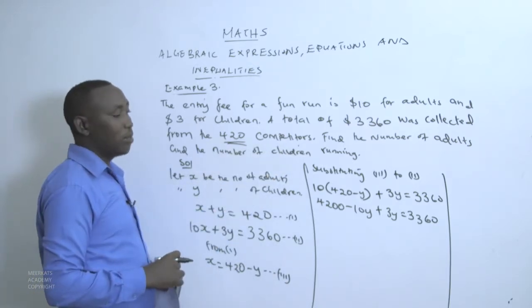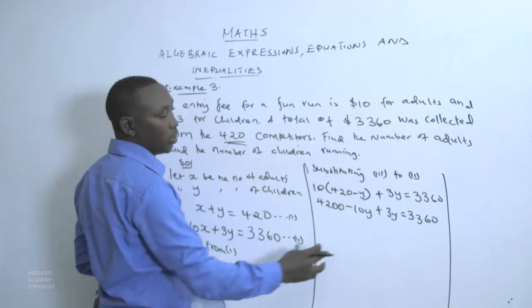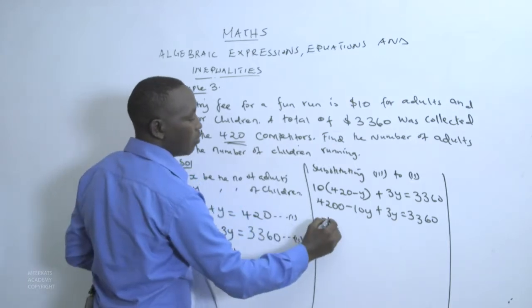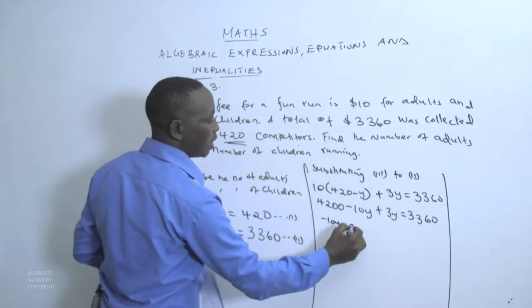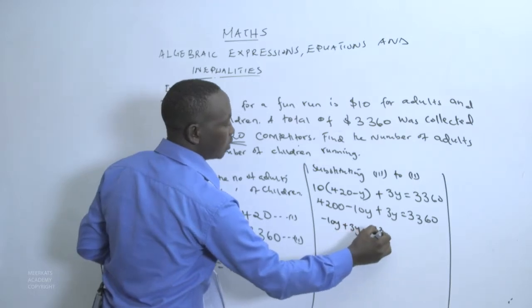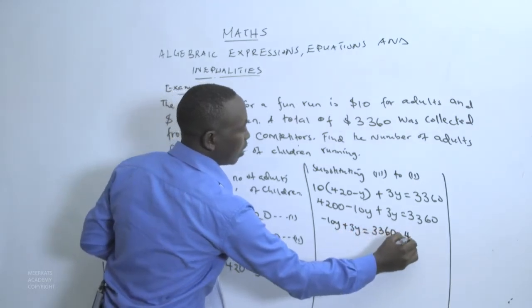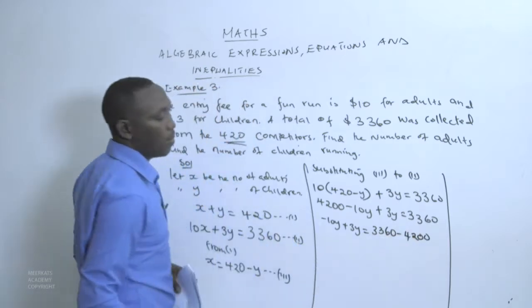When we group the like terms together, that means we must take 4,200 to the right hand side. And for us to do that, we must subtract it from both sides. So this will leave us with minus 10y plus 3y is equal to 3,360 less 4,200.